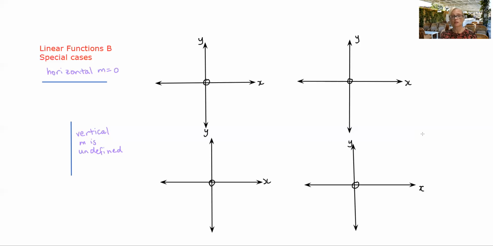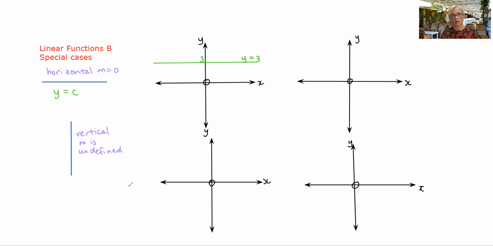If you have a horizontal line, so something like this, and that passes through, say, y equals 3, the equation of that line is y equals 3. Simple as that. So they will have the general format y equals some constant.